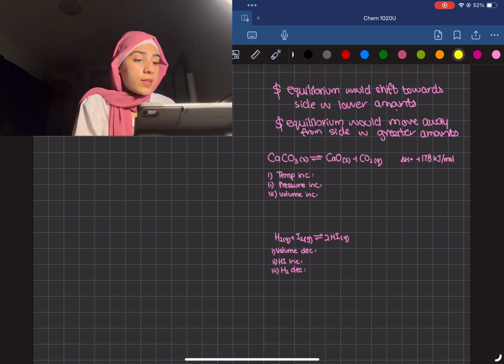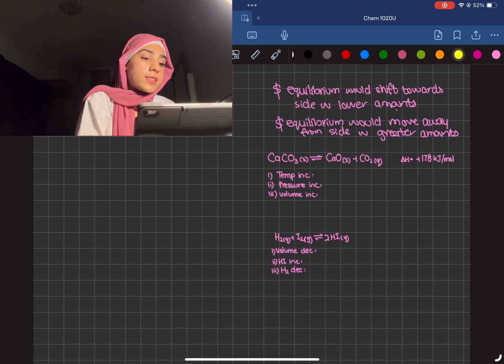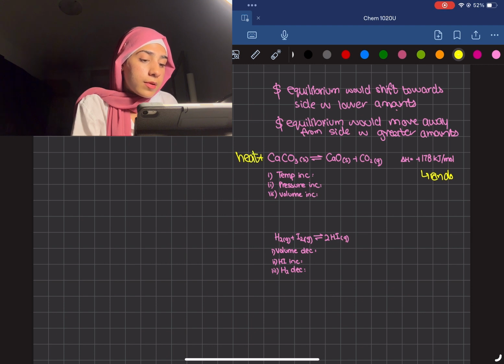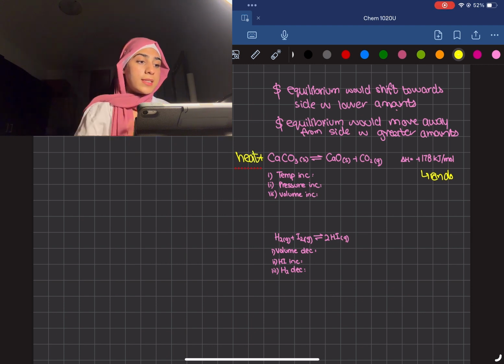For the first one, the question is what happens when I increase the temperature. Because I have an endothermic reaction here, because of the positive delta H, I know that I need to add my heat on my reactant side because I need the heat here when the reaction is endothermic.